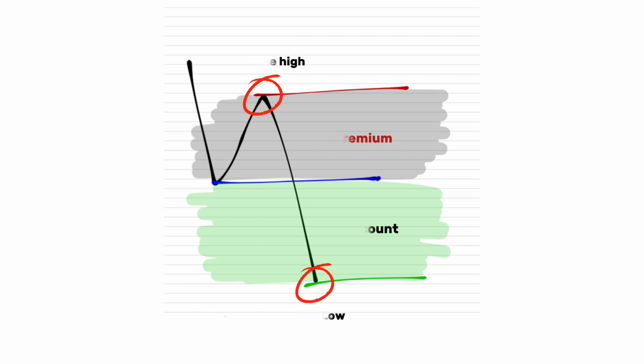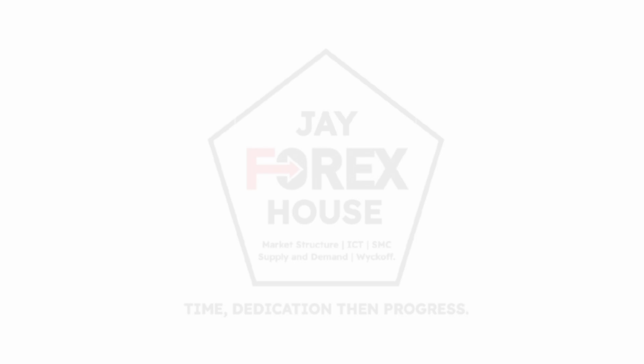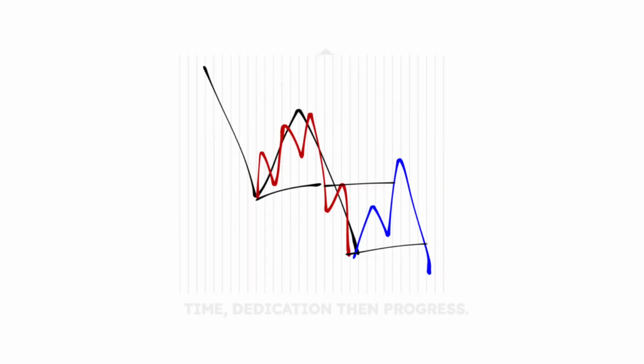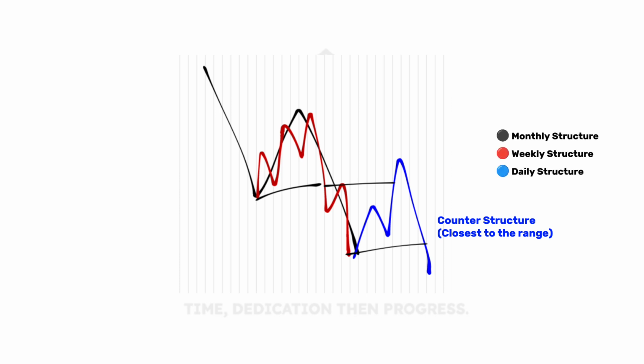And then on the daily time frame, I pay attention to looking for basically the counter structure, because you need to understand that supply and demand is a little complex, because it goes into details of how you identify each of these zones.